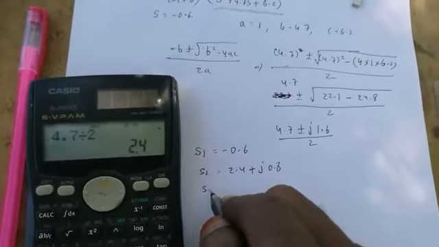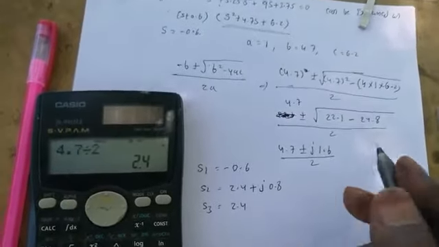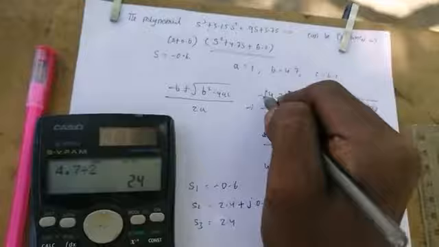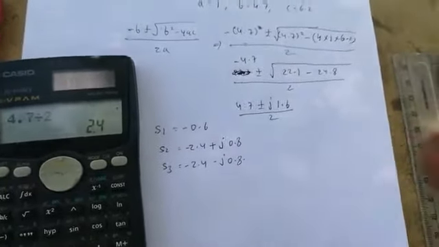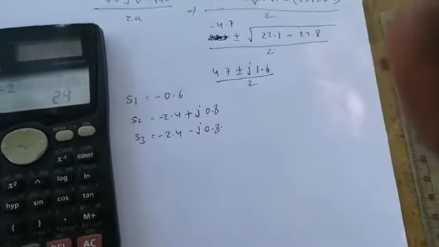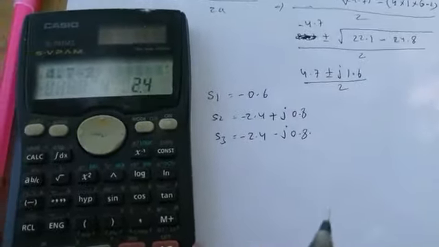Similarly s3 equals minus 2.4 minus j 0.8. So these are the remaining 2 roots. Finally we have the 3 roots, and these 3 roots should be substituted in the k equation.